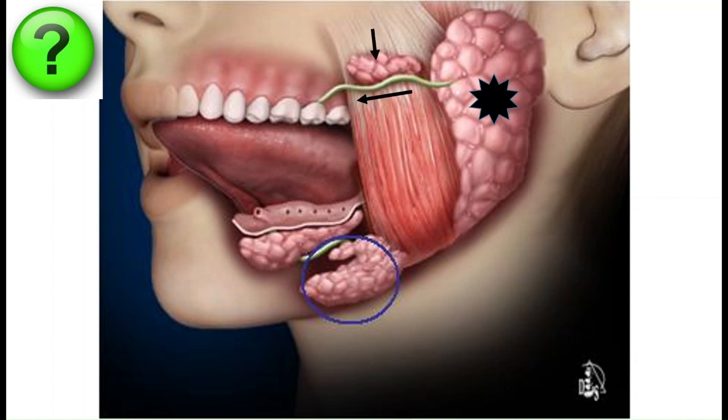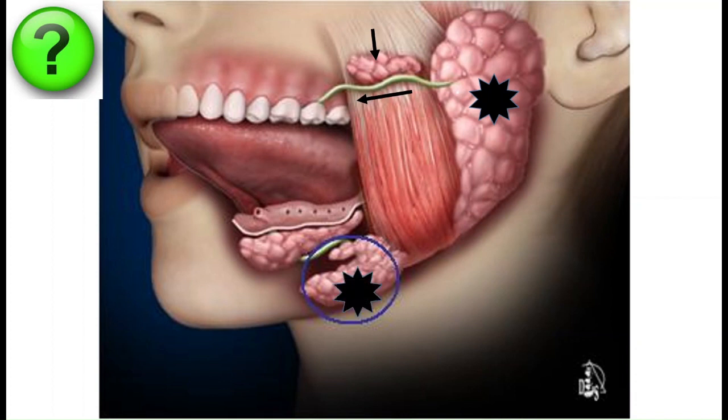Sometimes part of the parotid gland is going to separate from the main mass and make a little lobule attached to the duct. This is called the accessory parotid gland.